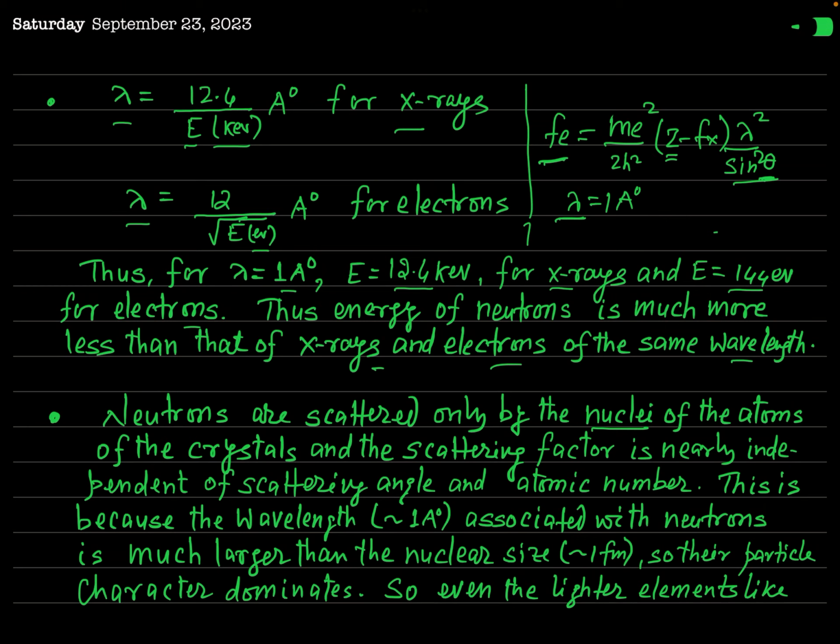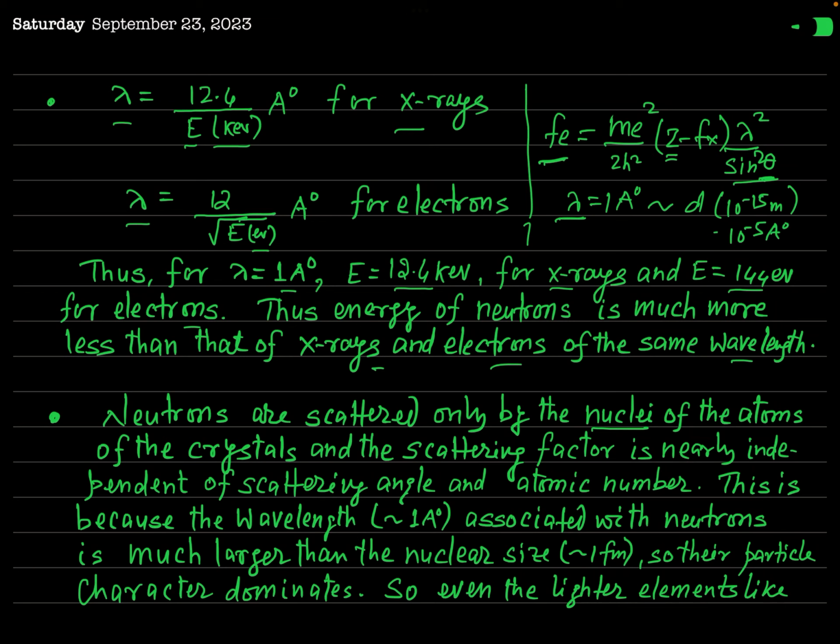And you know, diffraction effectively takes place only when the wavelength is of the order of the size of the diffracting aperture. But the size of nucleus is of the order of 10 to the power minus 15 meter, which means 1 fm, or 10 to the power minus 5 angstrom.